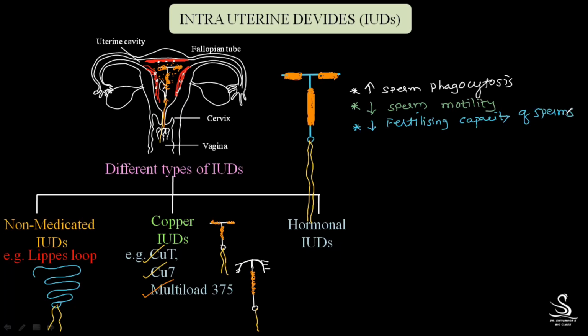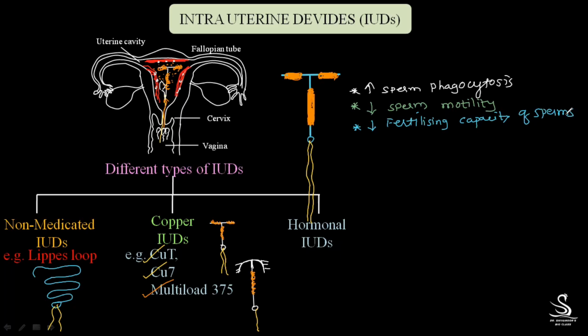So first of all, they will decrease the sperm motility, by which sperms are not able to reach the site of fertilization, and they are going to increase the phagocytosis. That is the second role. And the third role is, even if they reach the site of fertilization, they are decreasing the fertilizing capacity of the sperms, by which the sperms are not able to be involved in the fertilization.